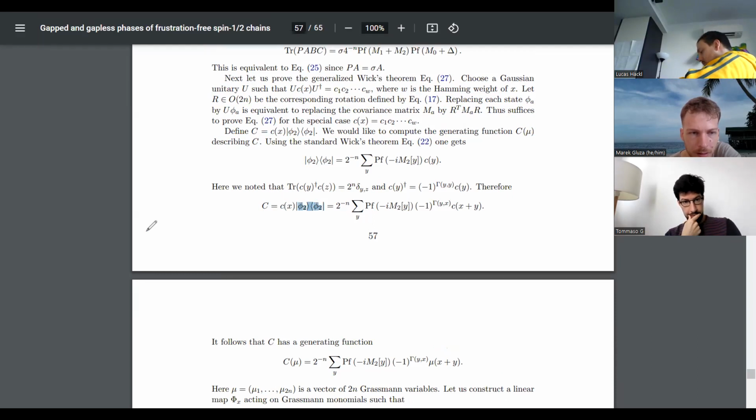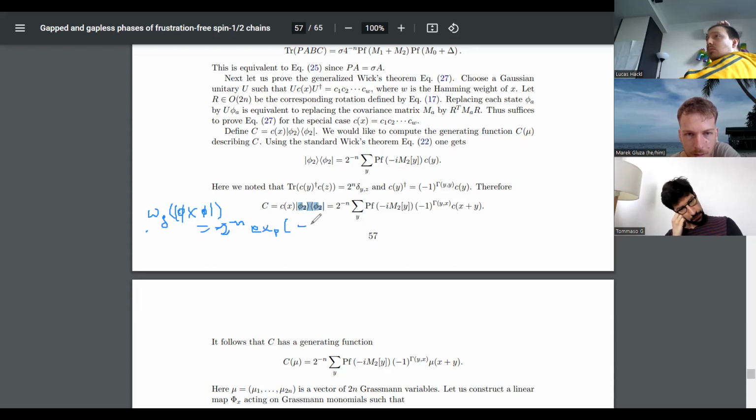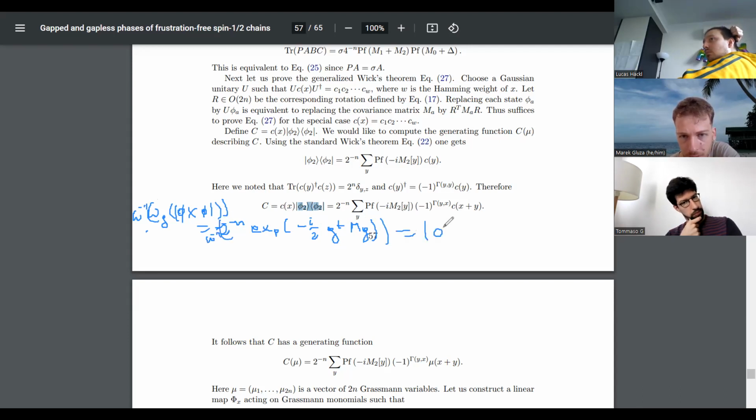So omega g of phi, we said that this is 2 to the minus n times minus i half GT mg. So now if I apply omega minus 1 to this, I will actually get phi phi. So I apply omega minus 1, and I get phi phi.